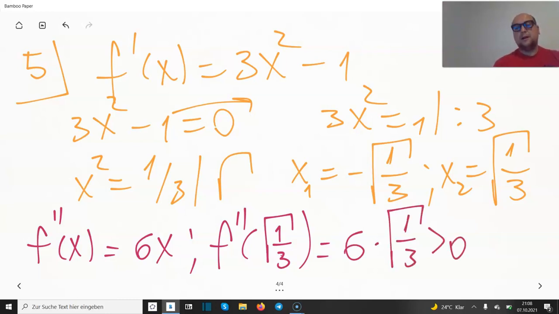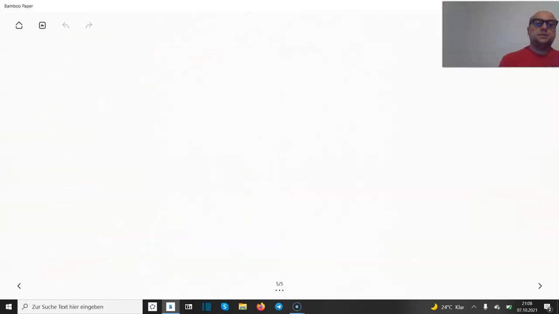Well, it's positive. I don't care about the real value. I know it's positive, so the second derivative is telling me what's happening afterwards. So we're going up, so we must have been down. That means we are at a minimum. So that means that's a min.